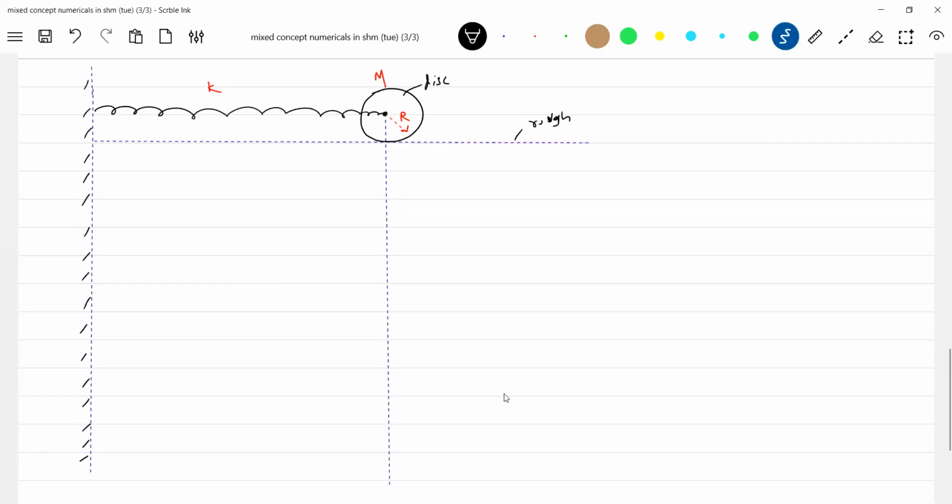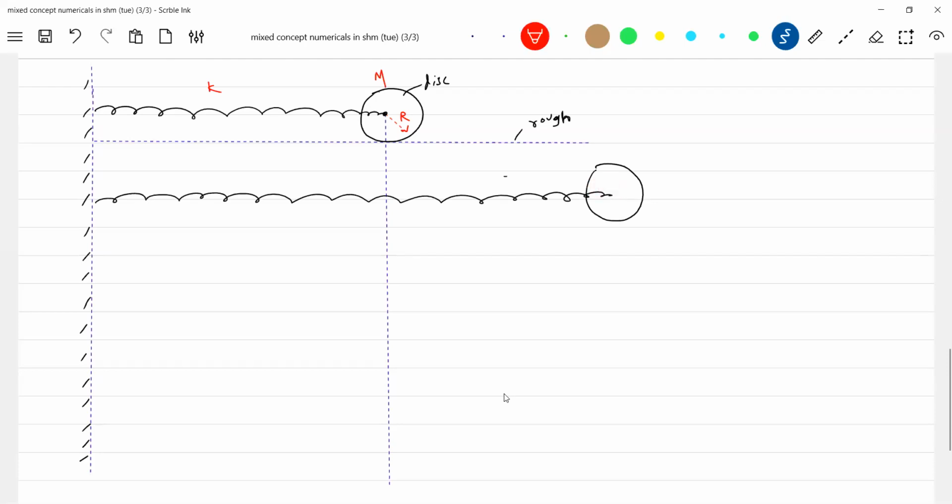So we'll try to develop the different possible approaches here. Okay, the friction is sufficient for pure rolling. Okay, let me displace this and release it. Yes, spring force Kx will act.